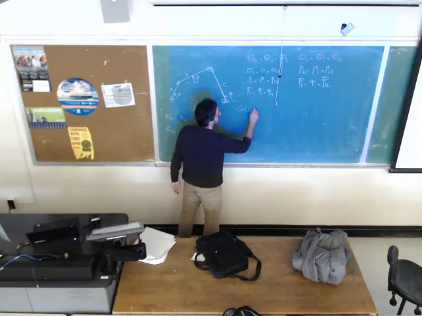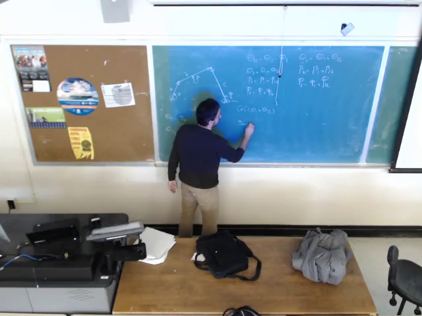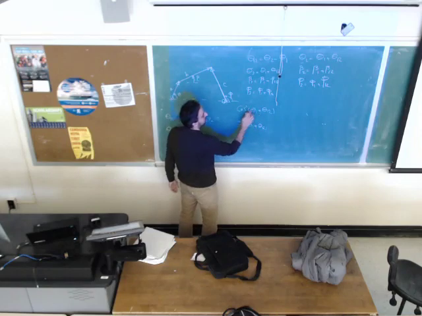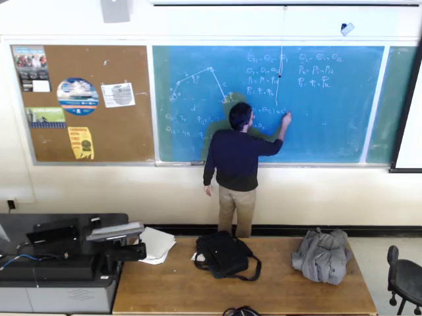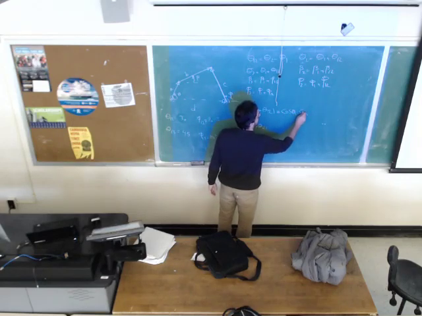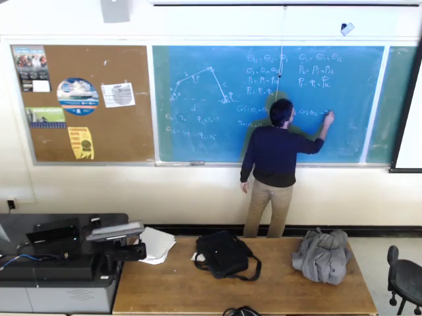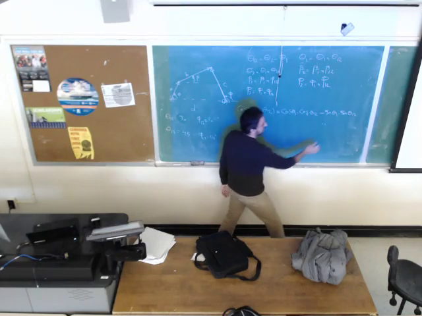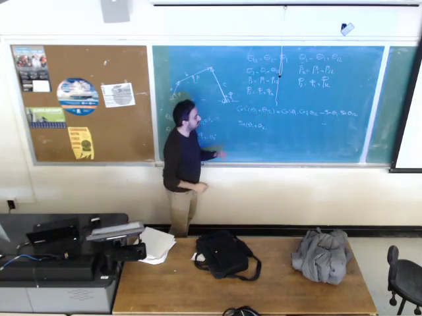But let me just review this. Cosine of the summation of two angles, theta 1 plus theta 1, 2, is going to be cosine of theta 1 cosine of theta 1, 2, minus sine of theta 1 sine of theta 1, 2.